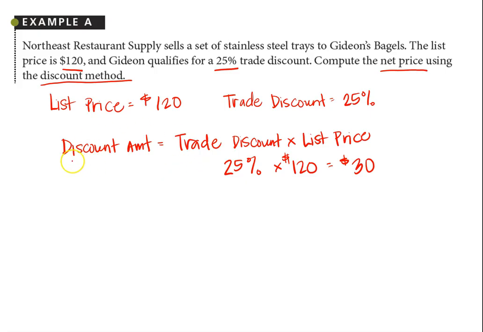This is just the discount amount that we calculated, but remember it is asking for the net price. If you recall, the net price is simply the list price minus the discount amount.